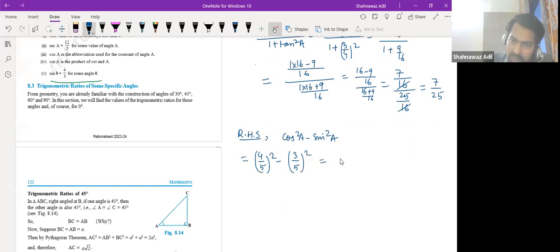So this is 16 by 25 minus 9 by 25. 25 is LCM. So 16 minus 9, so 7 by 25. So LHS is this, RHS is this.